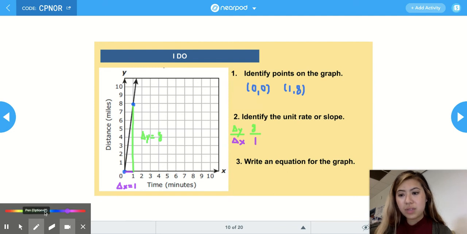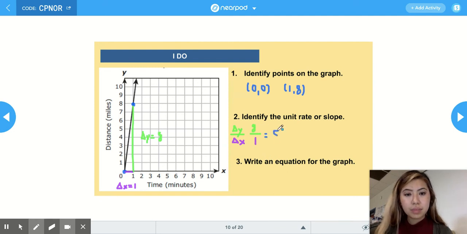So when we divide 8 divided by 1, we get 8. So again, we have to write a proportional equation in the form y is equal to k times x. So we have y is equal to 8 times x.